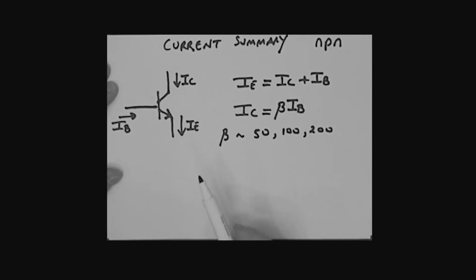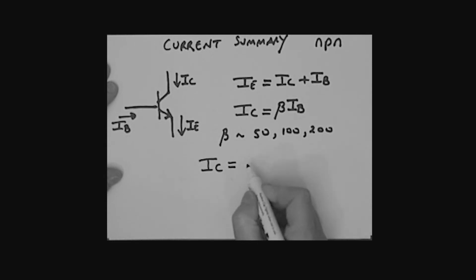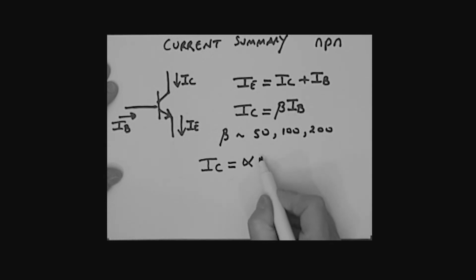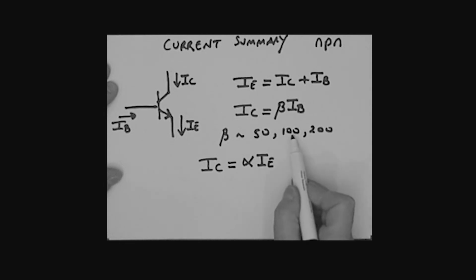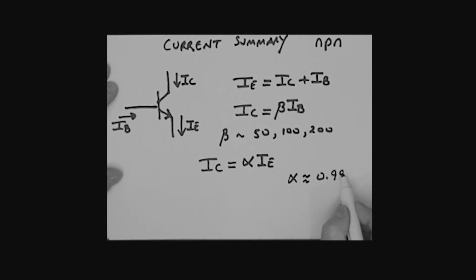Okay. One other equation that we'll show you, and that is this. The collector current is equal to alpha times the emitter current. Now this alpha term, based upon a large beta, is very close to 1. So it might be a value, for example, of 0.99.